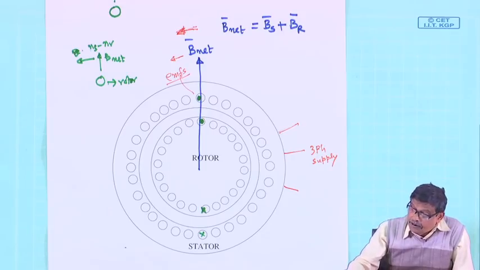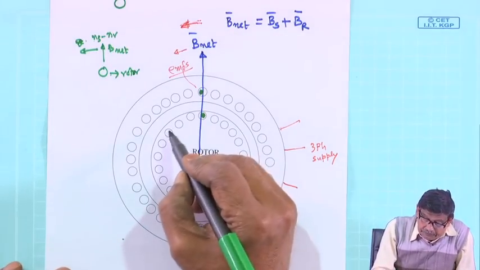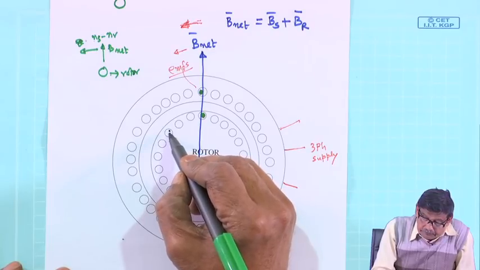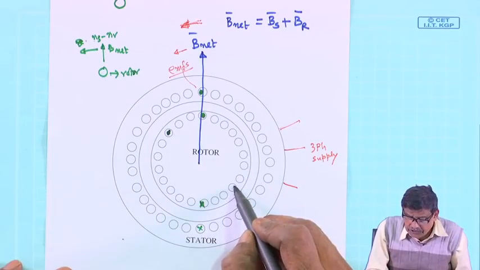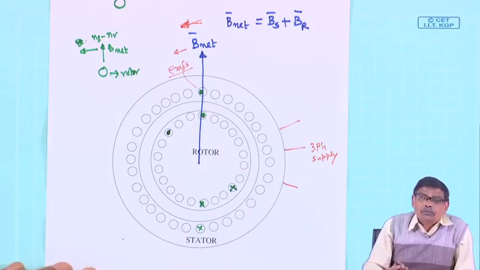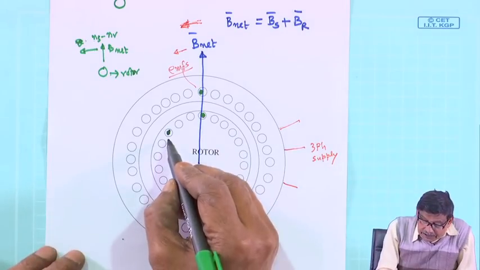Therefore, maximum current perhaps will be here in this case. This is dot and it is diametrically opposite whoever is there. It is a two pole configuration. This will be the maximum current.